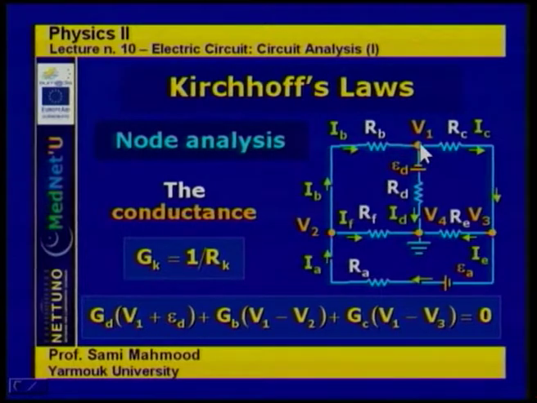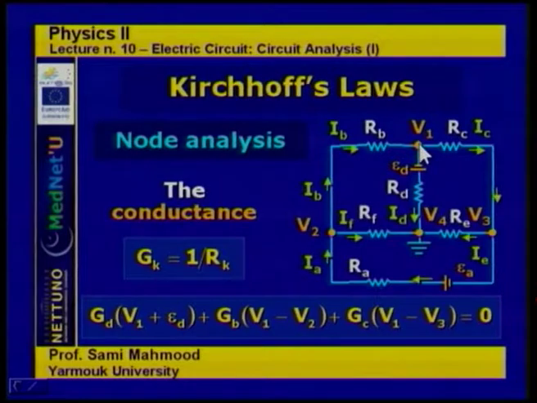the current leaving in this direction along RD. The current is simply V1, that's the potential V1, plus epsilon D as we go across this branch, V1 plus epsilon D, and then we have a zero potential, because V at this point is zero, it's grounded. So we have V1 plus epsilon D, that's the total potential, divided by RD or multiplied by GD. That's equal to the current across this branch. So this current plus the current across the second branch.